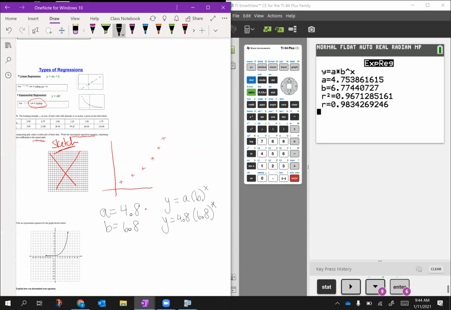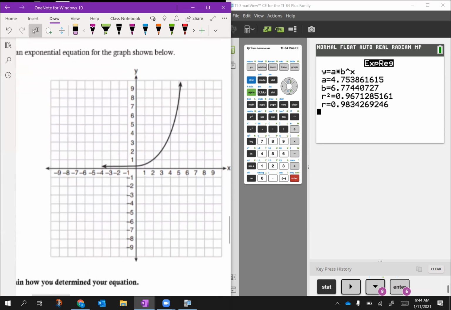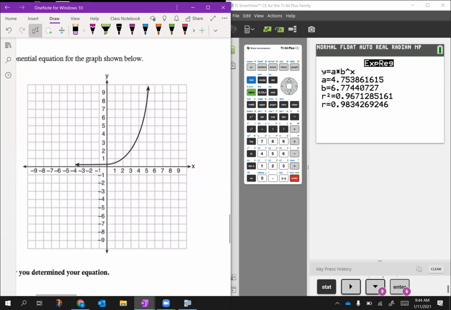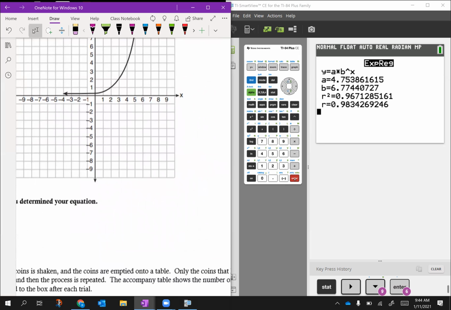Example 4 is an exponential regression equation. We have to make the equation. So we can't really tell what the y-intercept is here. So we have to take some points that we can tell, and then we'll type it in and do the regression.